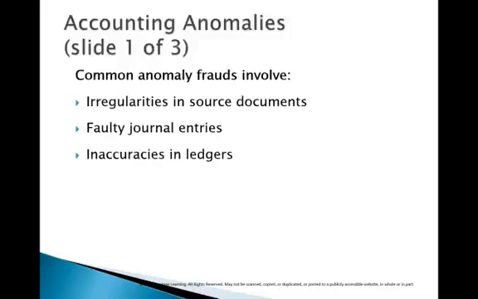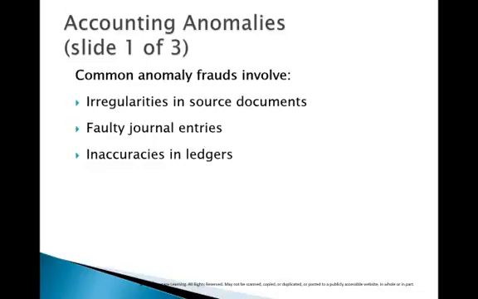So common anomalies for frauds, for accounting anomalies, are irregularity in source documents. That's where you see photocopies. Like in one fraud, an employee who was charged with setting up a new division for the company was buying desks and chairs and other things.